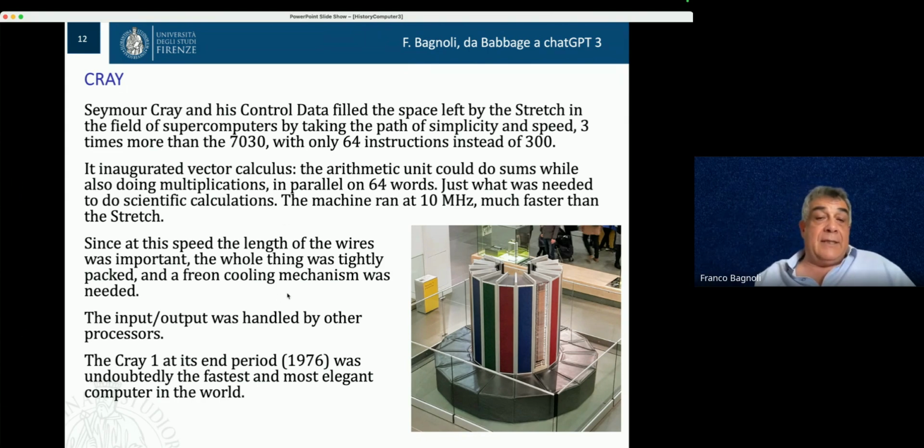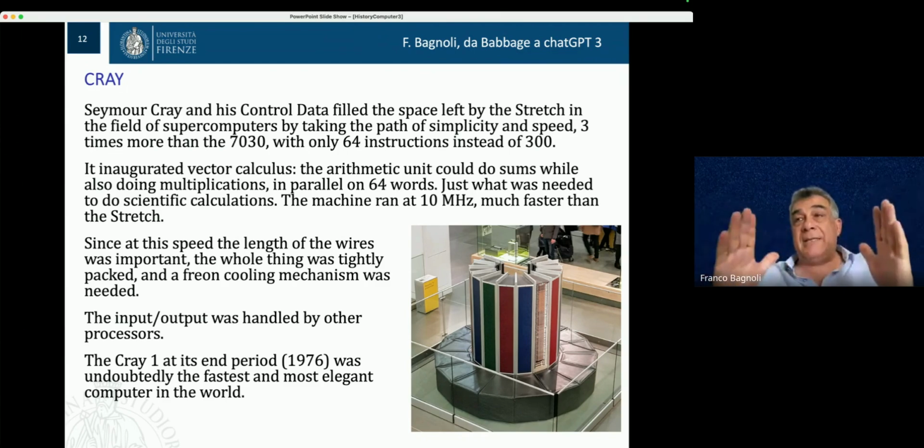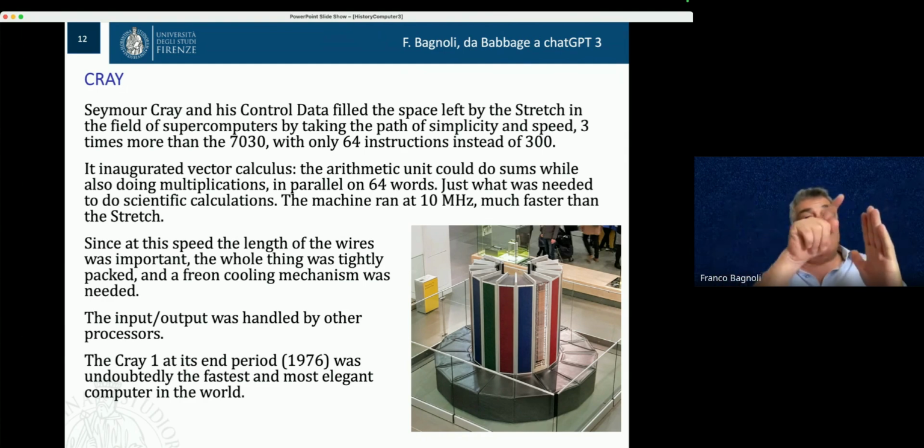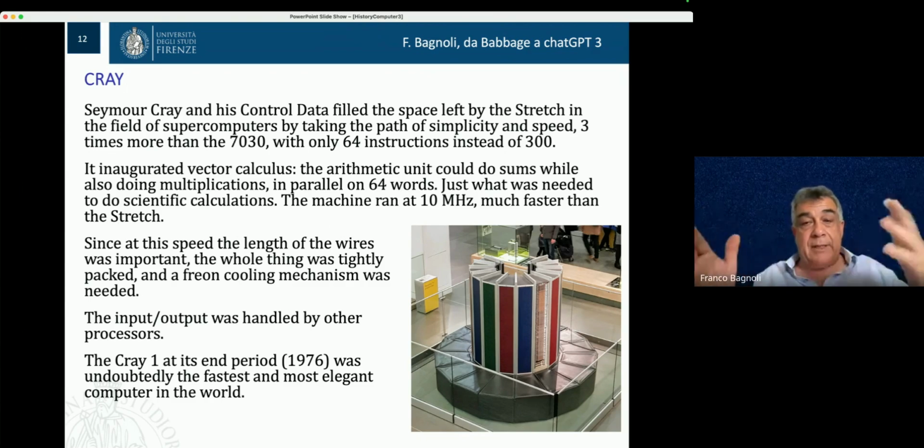And clearly this opened a completely different way, for instance, of storing things in memory. It was crucially different if you store, for instance, a matrix row wise or column wise. Sometimes it was much faster first to transpose the matrix and then perform a multiplication than doing it in a scattered way.